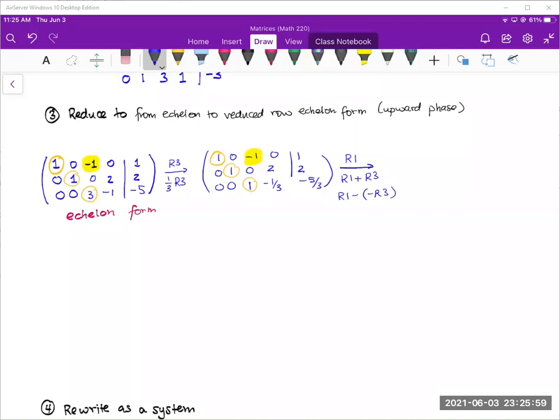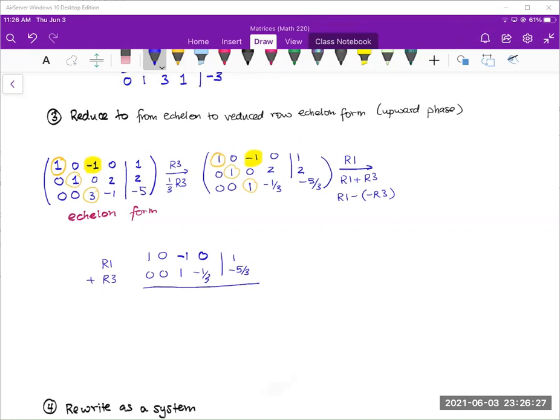Okay, and let's break this out just so we see it nice and clearly. We're going to have row 1 plus row 3. So 1, 0, negative 1, 0, 1, plus row 3, 0, 0, 1, negative a third, negative 5/3. And we're just going to add these together. So their sum will be 1, 0, 0, negative a third.